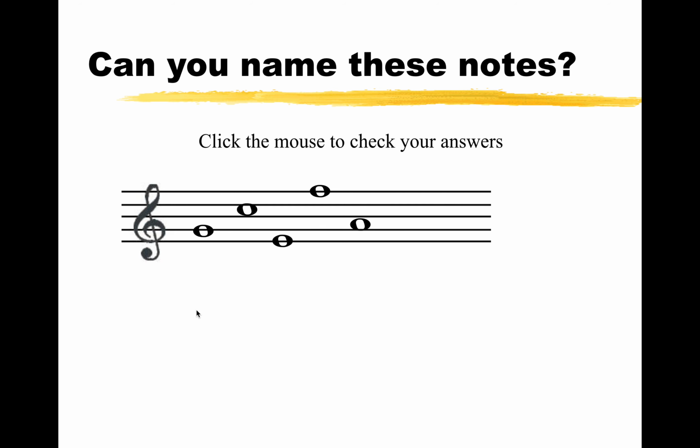So we're going to do one final quiz here and see if we can read the names of these notes. This note is on the line, and it's on the second line. If you remember, that's a G. So there's a couple ways to know this.